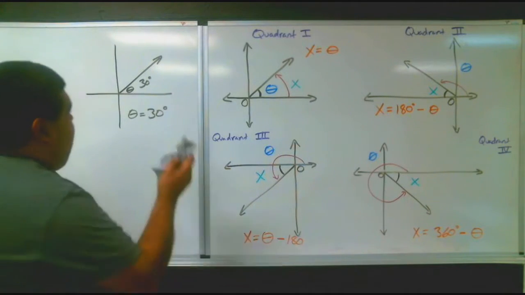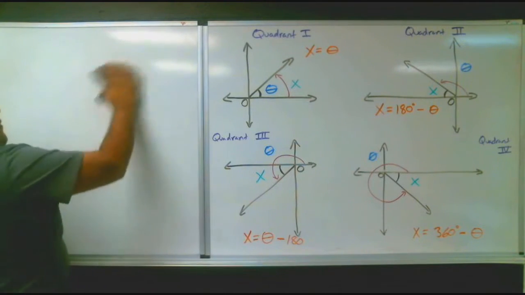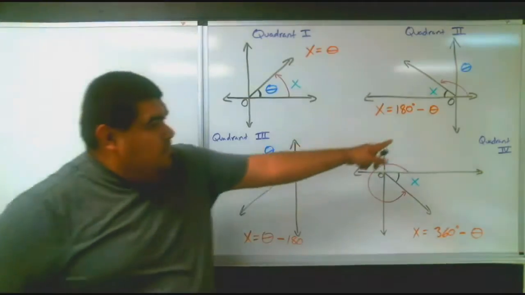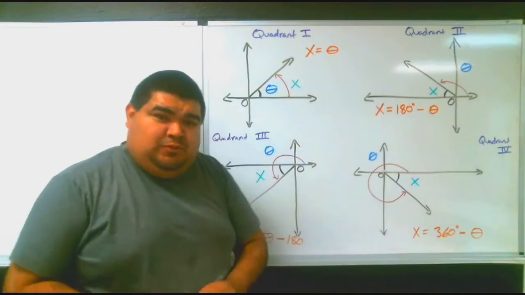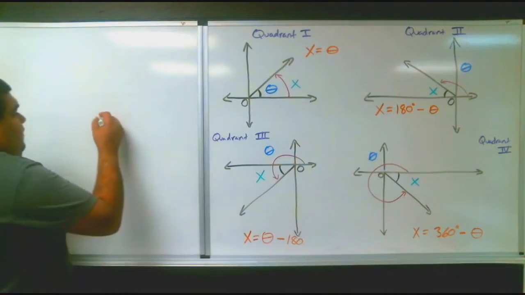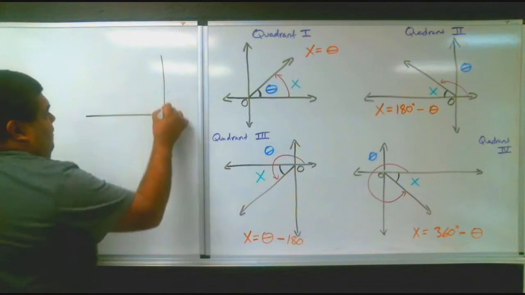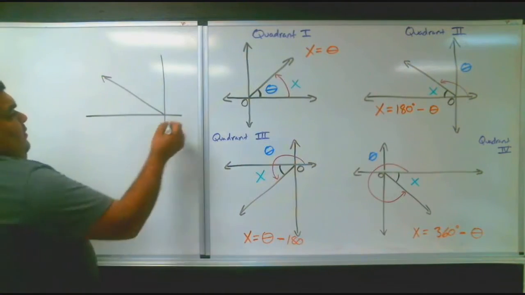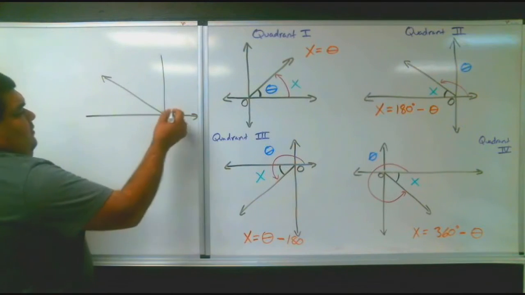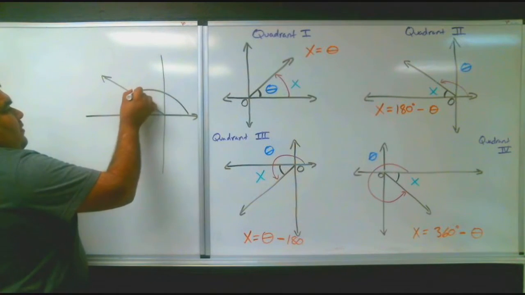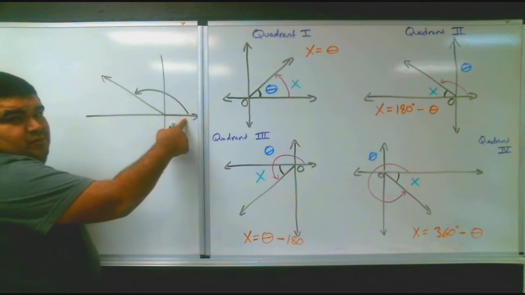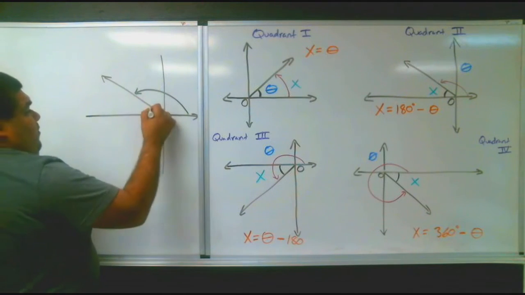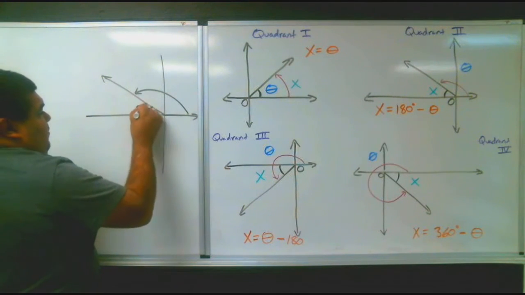What if I were to say, now I'm going to use quadrant 2. So we have quadrant 2. We have an angle. We have our theta. It goes from 0 to our angle, and we're looking for theta.